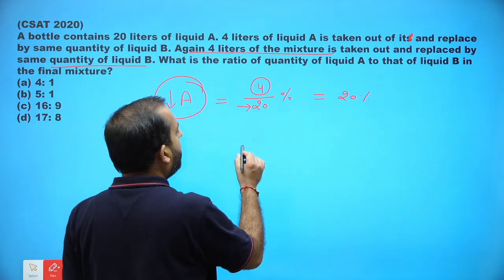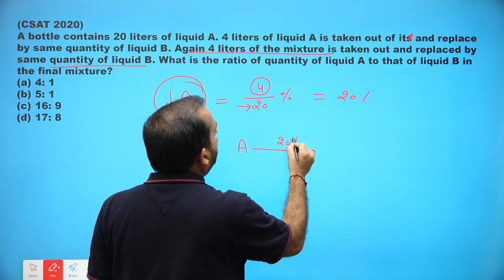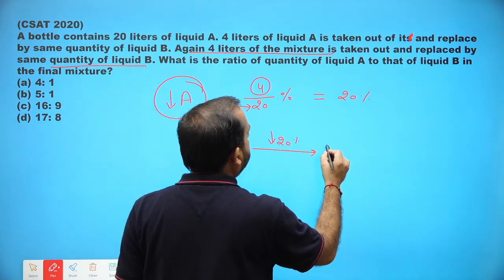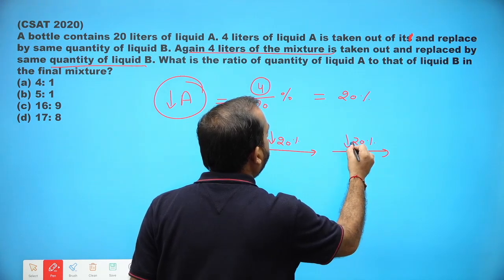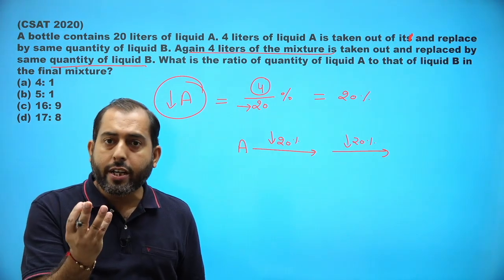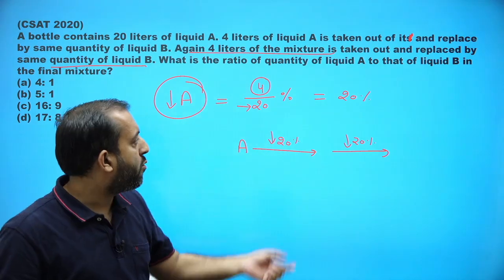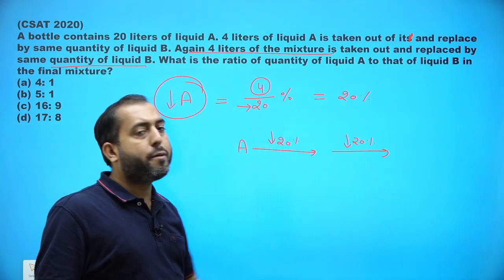So in the quantity of liquid A, there will be 2 successive decrements of 20%. Why? Because every time the total quantity is 20 and 4 liters is taken out. If you take out 4 out of 20, the percentage decrement is 20%.